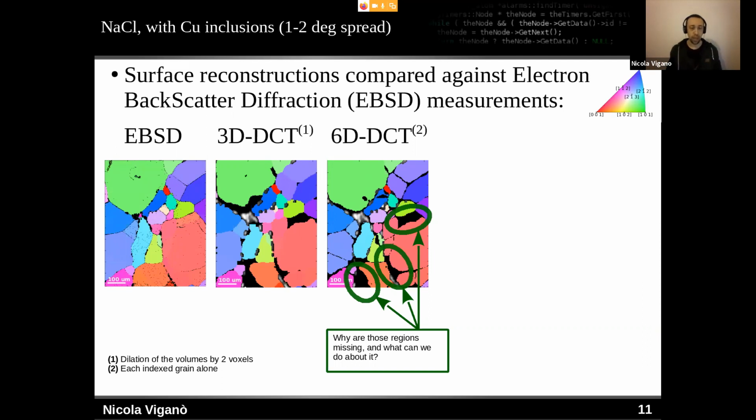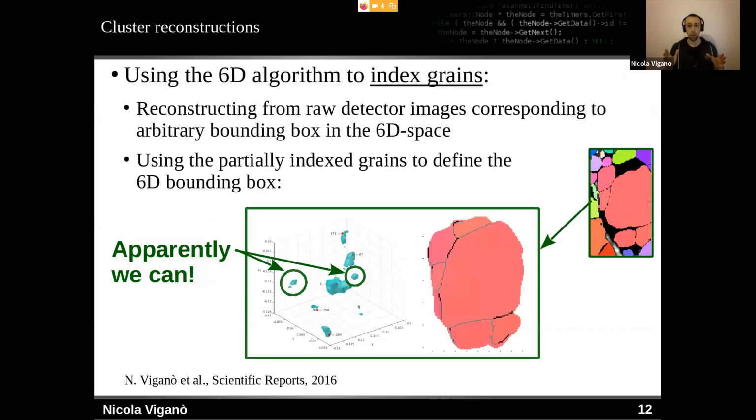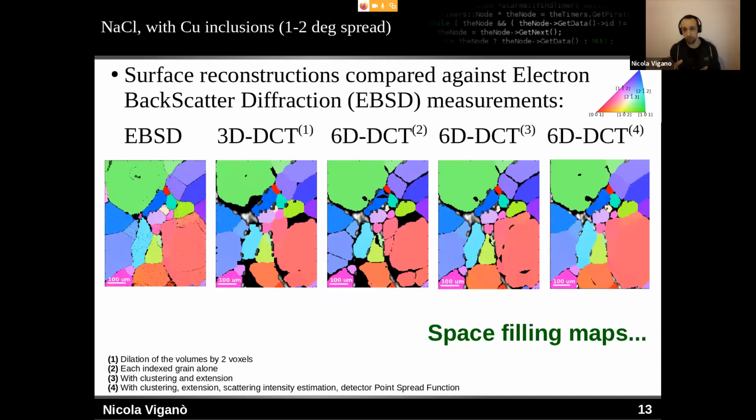So we said, can we actually bring the reconstruction algorithm to another level and say, just pick an arbitrary bounding box in orientation space, take the associated diffraction images for that, and just reconstruct blindly. And it turned out that this approach could allow us to index grains. So this allowed us to create space-filling maps, and with some other trickery, we could refine the space maps even better.